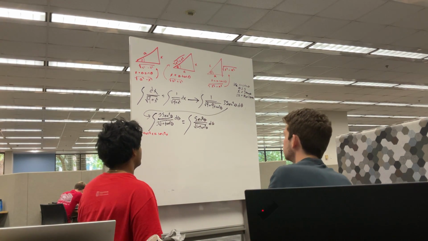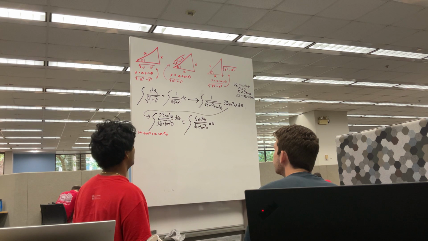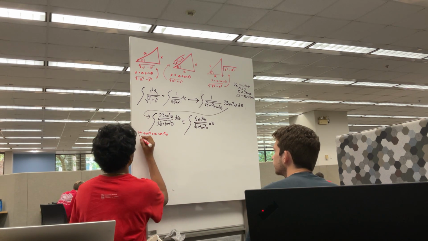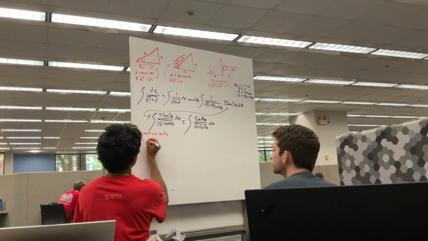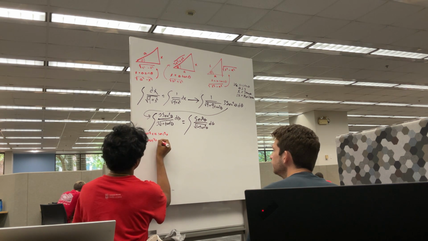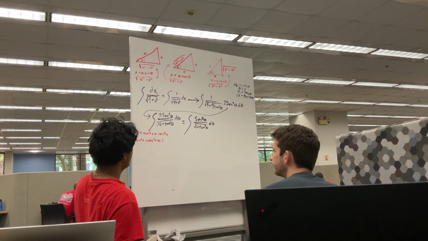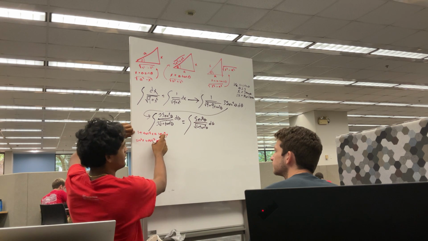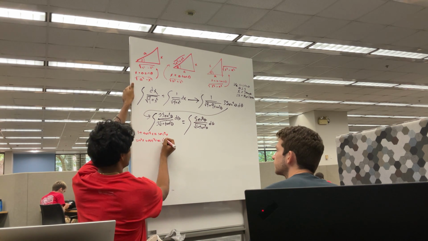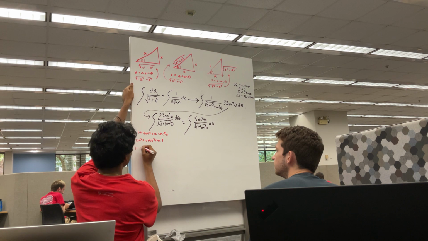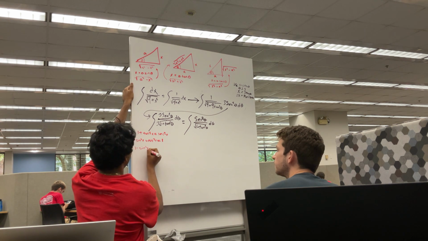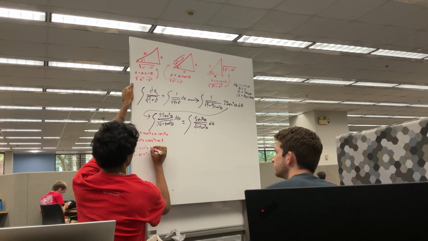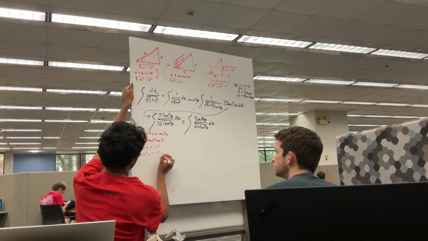Now I want you to understand one thing: there's a difference between this formula and this formula. Here, sine and cosine add to 1, but here 1 is being added to tan. So a lot of times we see this expressed as 1 minus sine squared x or 1 minus cosine squared x, and then we can say cosine squared or sine squared.